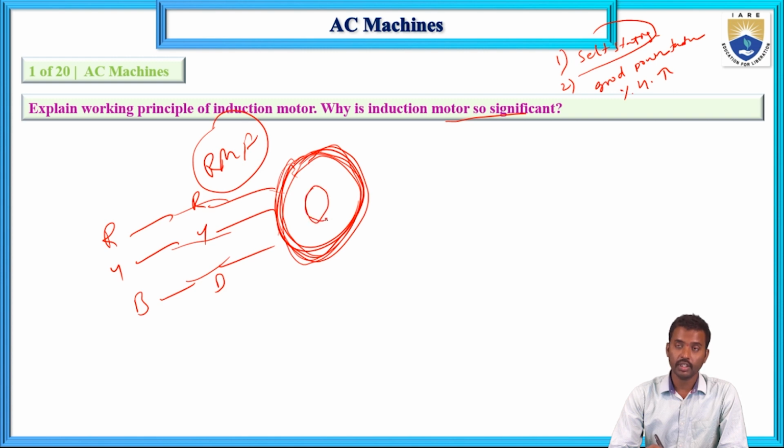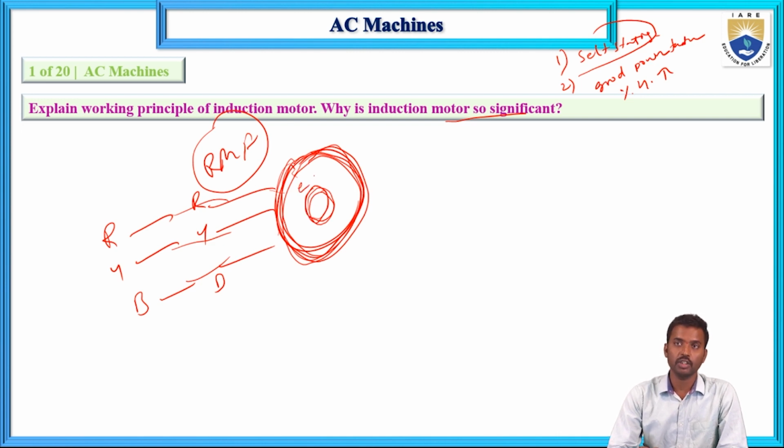There is a rotor inside the stator, and the rotor has conductors. According to Faraday's law, this revolving magnetic field cuts the rotor conductors. There is relative motion between the rotor conductors and the RMF, and an induced EMF is developed in the rotor conductors.